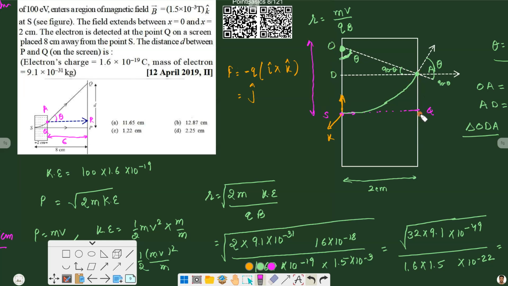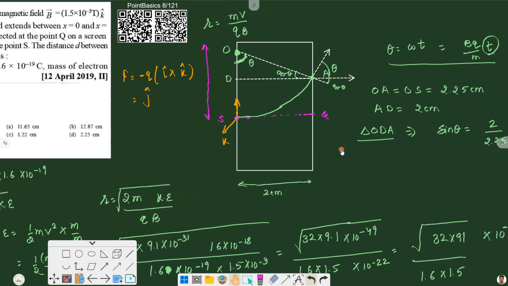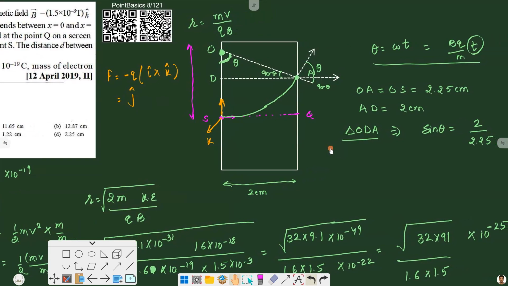And what values are available with us? We have OA available with us, we have OS available with us, those are the radius.